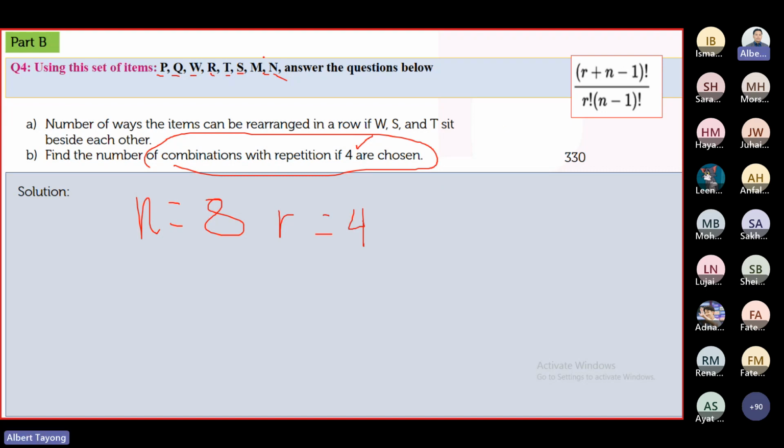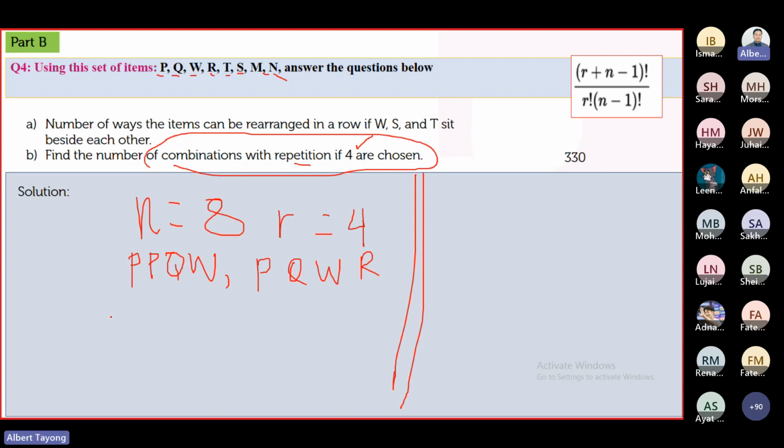Okay, and we can repeat. We can have PPQW. Or we can have PQWR. These are the examples of this. We are going to choose 4 every time, and we are allowed to repeat, like the coins in your wallet.